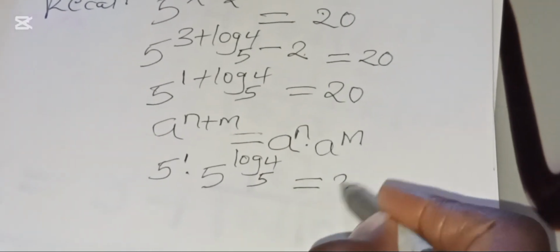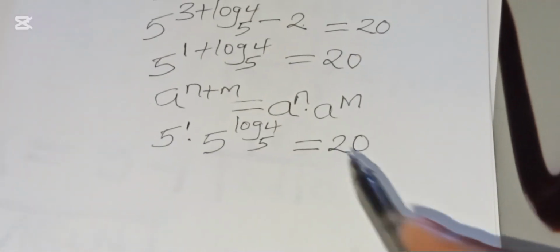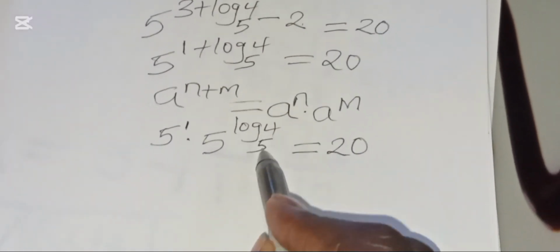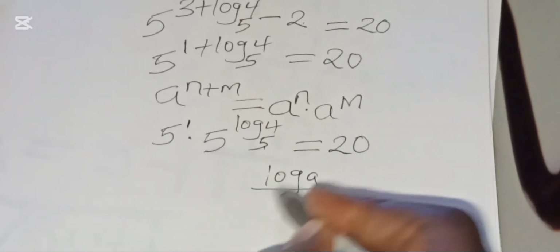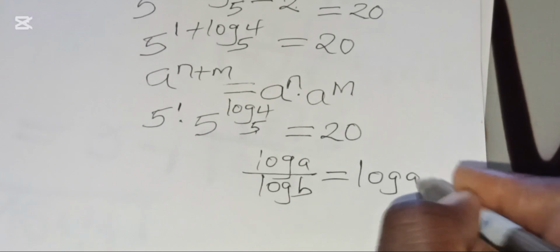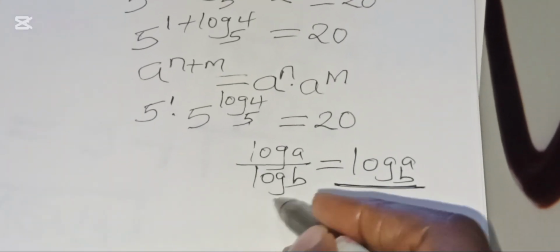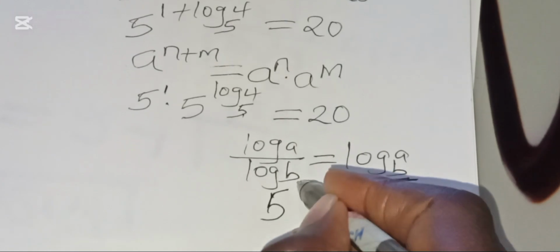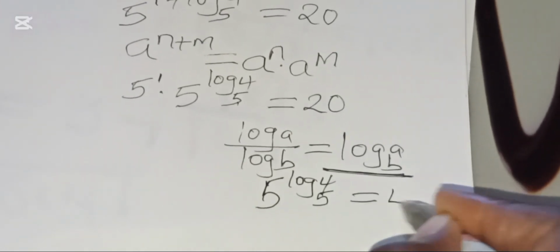This is supposed to give us a value of 20. Now, you find that 5 raised to power log 4 to base 5, using the logarithm property, this is the same thing as 4.